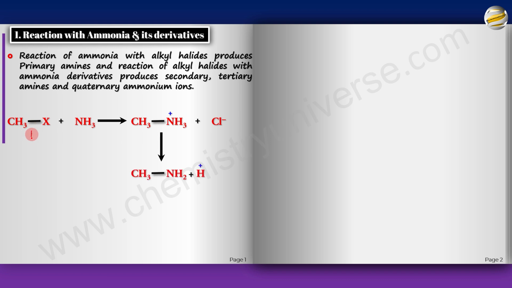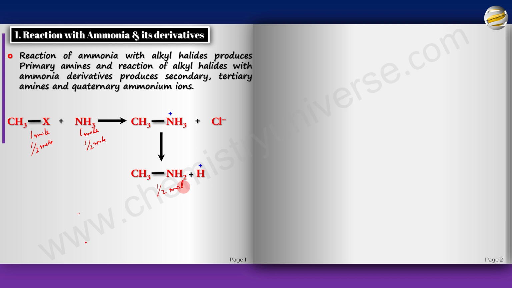So let's assume that I initially take 1 mole of this and 1 mole of this and assume that only half a mole reacts first. So half a mole of this is left behind and half a mole of this is left behind and half a mole of this is formed, right?